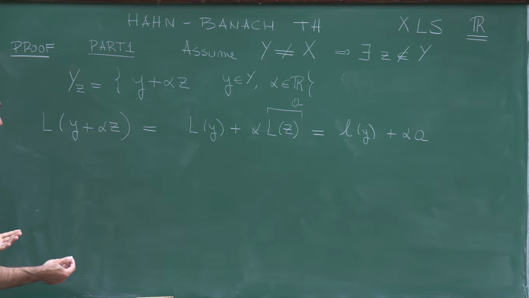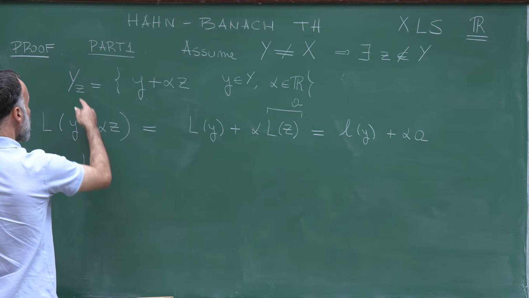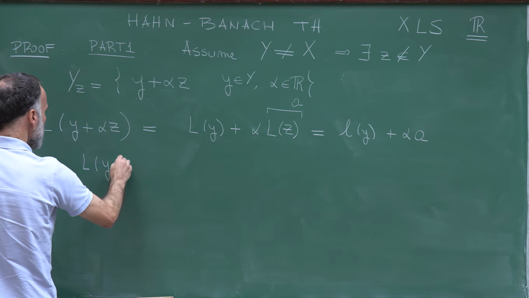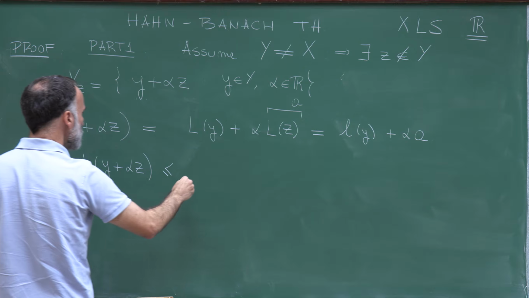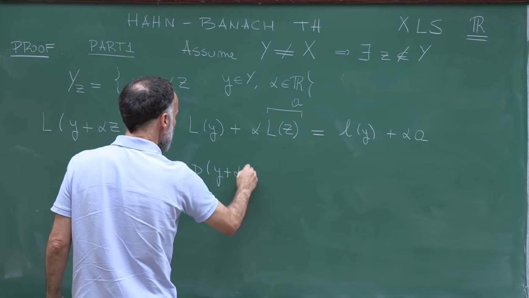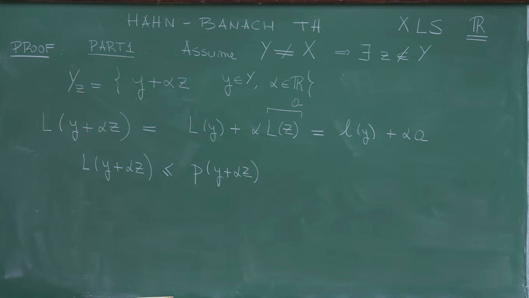Now I have a third property which I want to keep, which is that L of any element of this point, so L of y plus alpha z, has to be smaller than p of y plus alpha z. I want, the third property is that this inequality is valid for all points in Y + Rz.